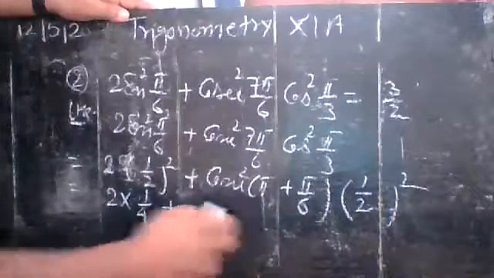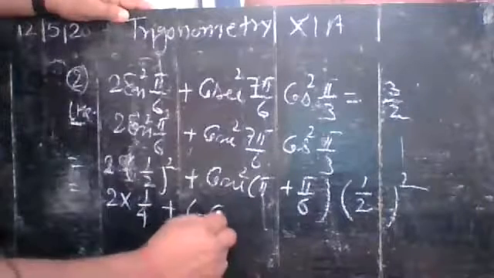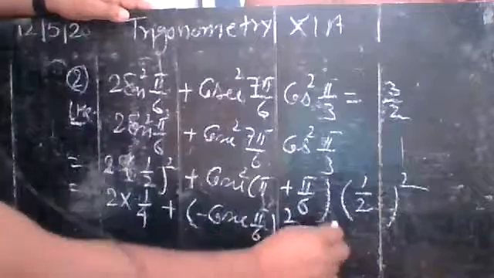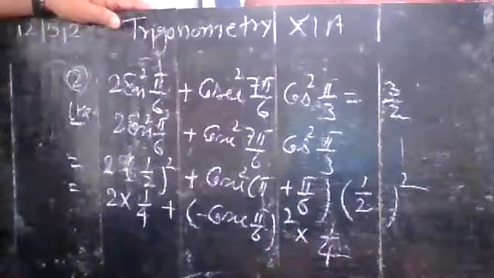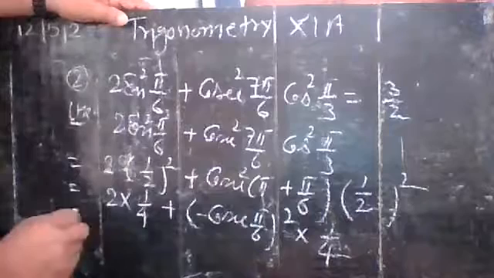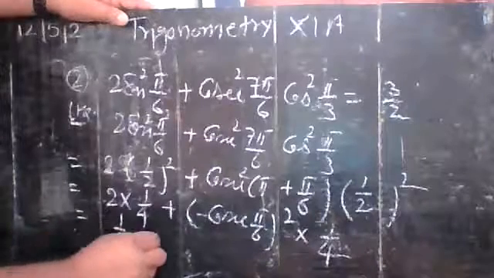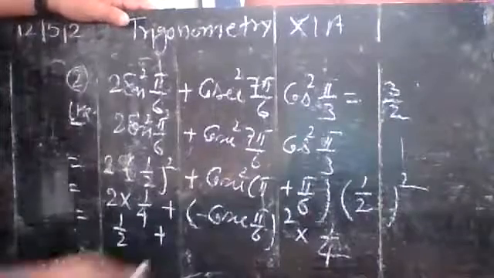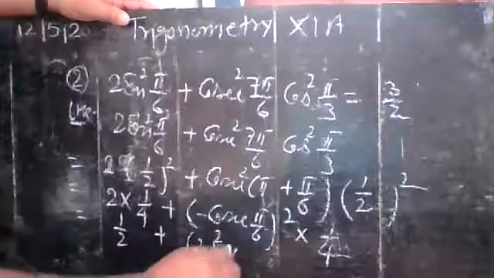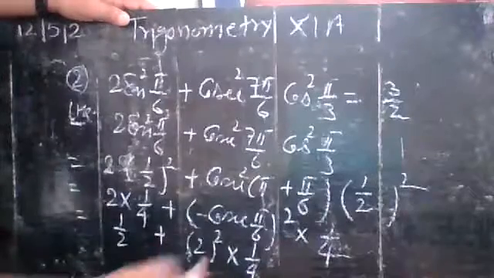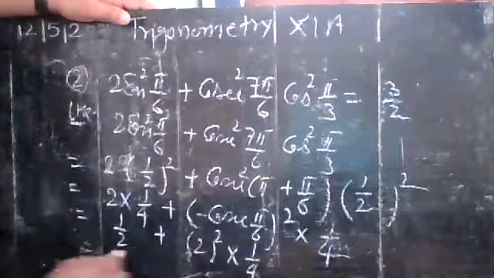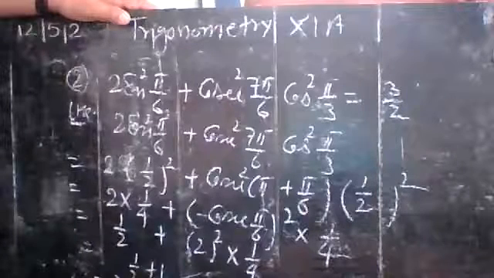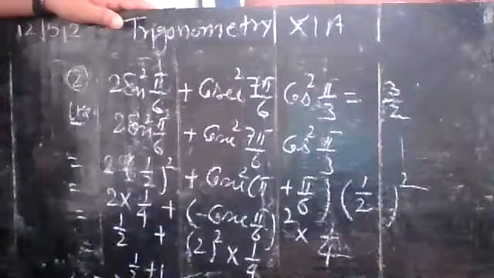In the third quadrant, cosec is negative, so you write minus cosec pi by 6 whole square into 1 by 4. So it becomes 1 by 2 plus cosec pi by 6, which is 2, and the square of 2 into 1 by 4. If you cancel it, here you have 1. So 1 by 2 plus 1 is equal to 3 by 2, which is your right side.